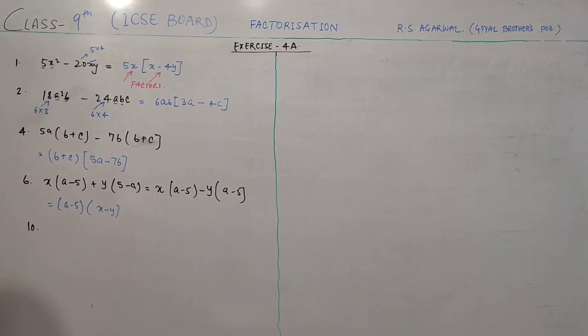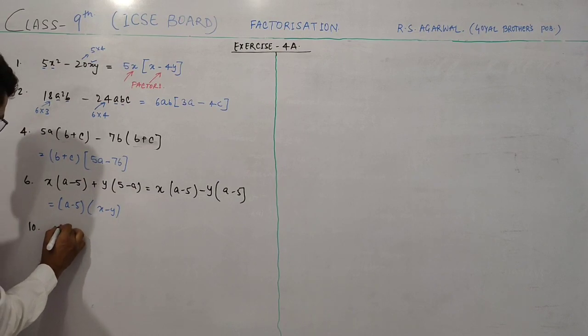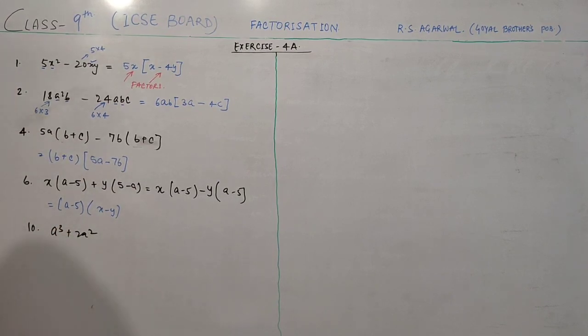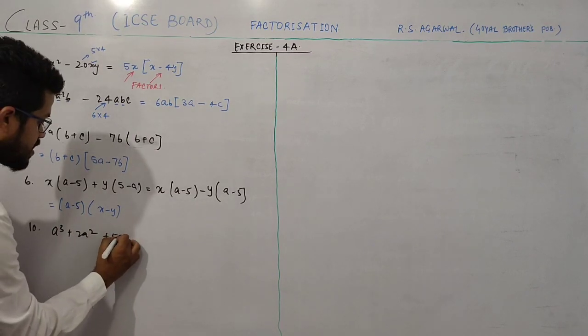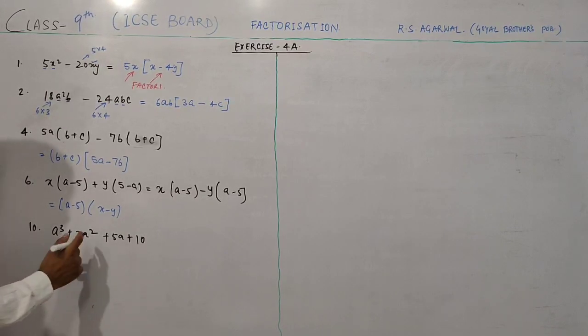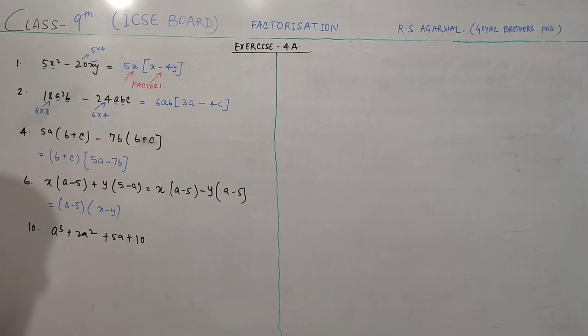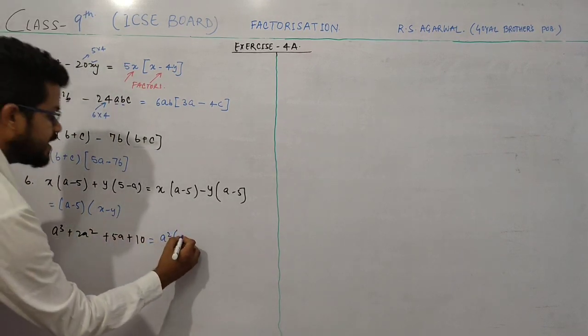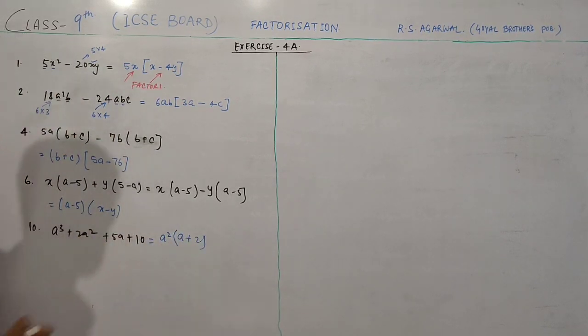Question number 10 is a cube plus 2a square plus 5a plus 10. Now look carefully in this question. If I take a square as a common, here it is a plus 2.